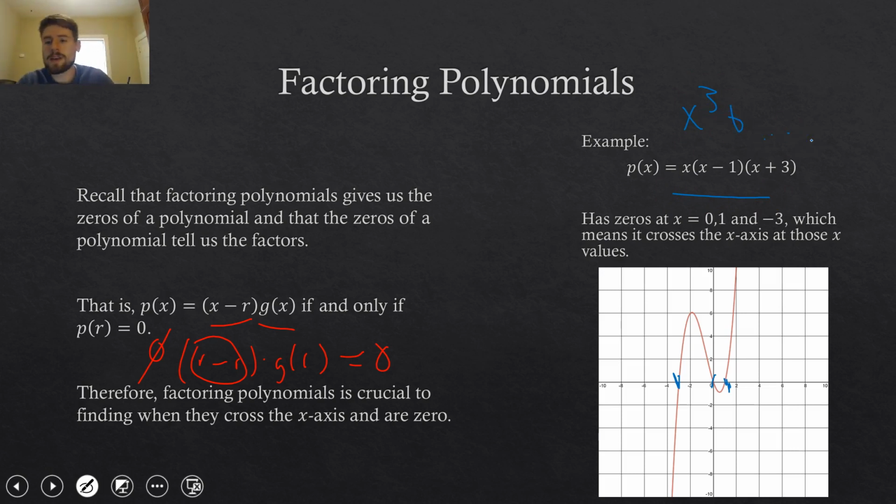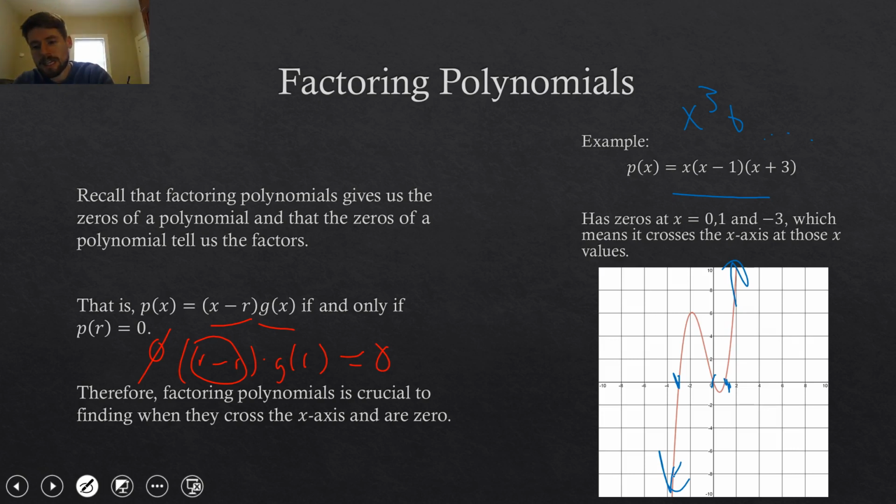And so we know that x cubed is an odd degree polynomial with a positive leading coefficient. So that tells you its end behavior looks like that, right and up and left and down. So we can sketch this thing without knowing too much more than what the zeros are and its end behavior. That gives us a rough graph of the thing.